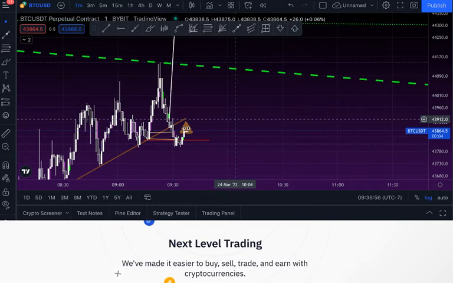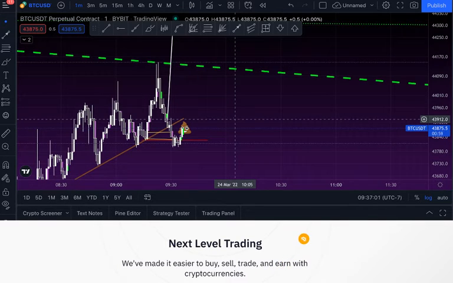Volume needs to pick up and blast us through. We're getting some good movement. We'll see what happens here.